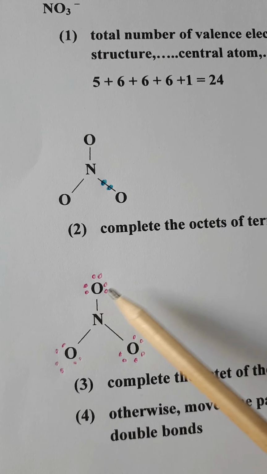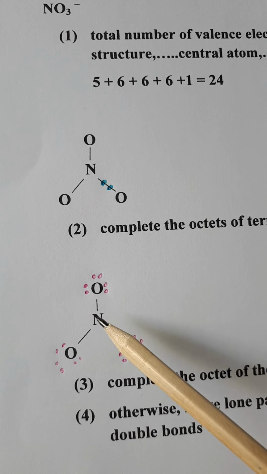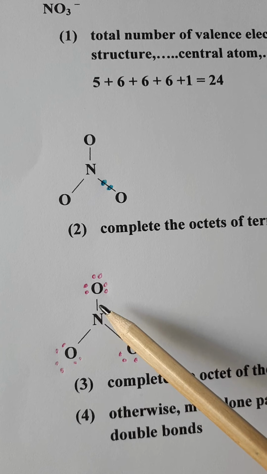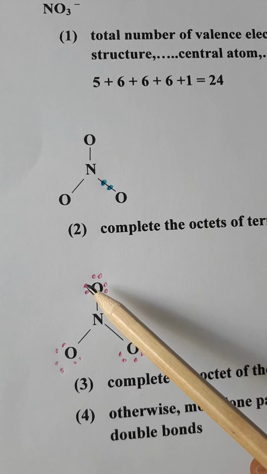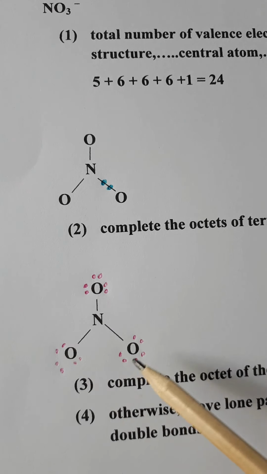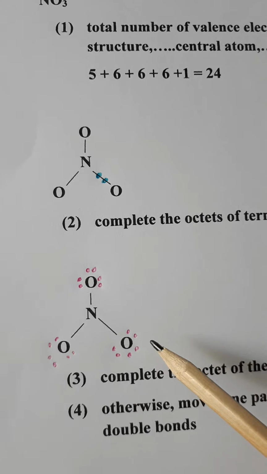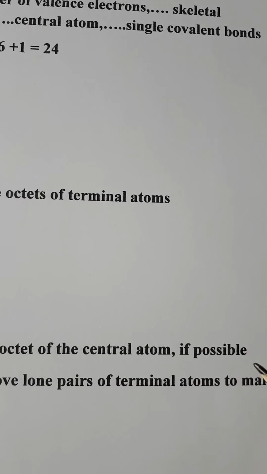Now see this oxygen atom, for example: it is sharing 2 electrons with nitrogen already. So in addition to that, it needs 6 to become an octet. So I have put 3 pairs of electrons in red. Same thing for these. Next step, complete the octet of the central atom if possible.